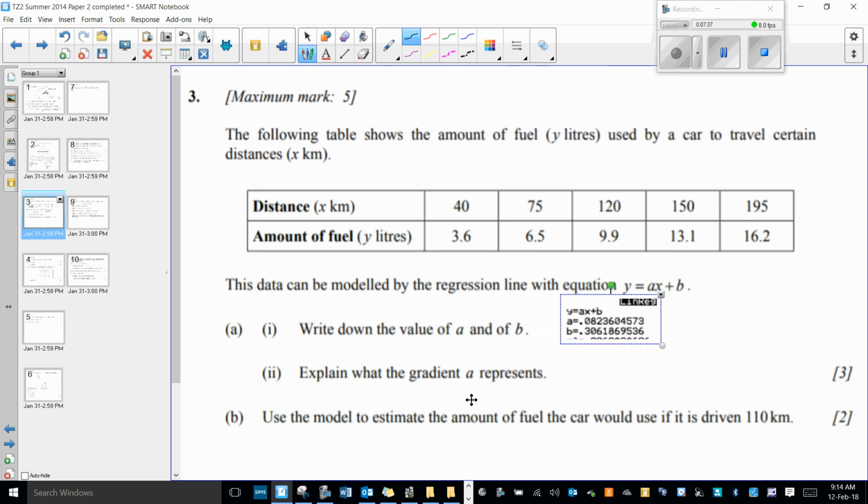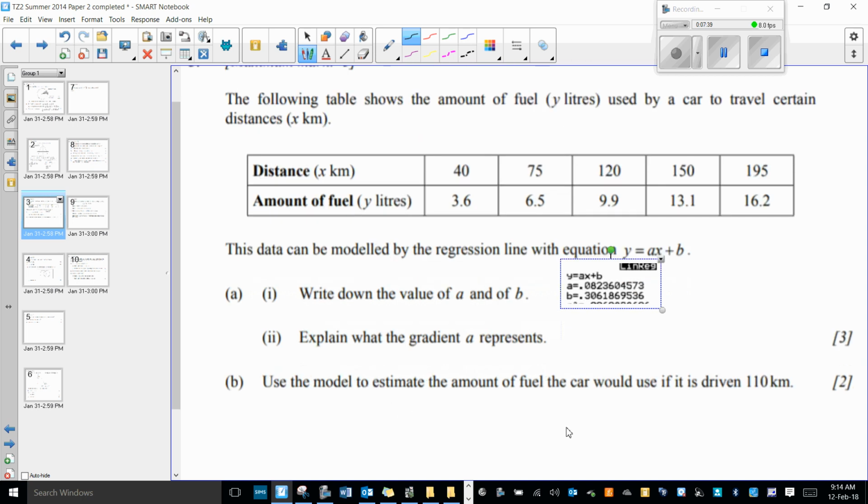Use the model to estimate the amount of fuel for 110 kilometres. Okay, so this is where we must use our equation. So you're going to substitute 110 into our equation.